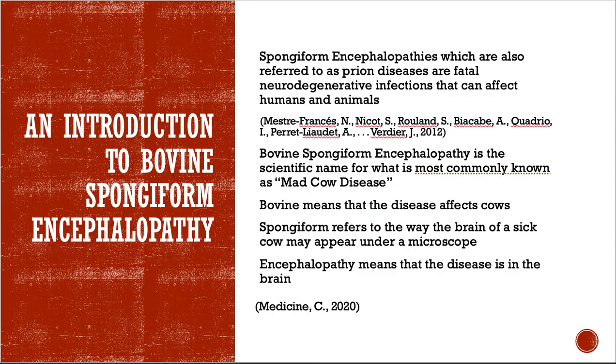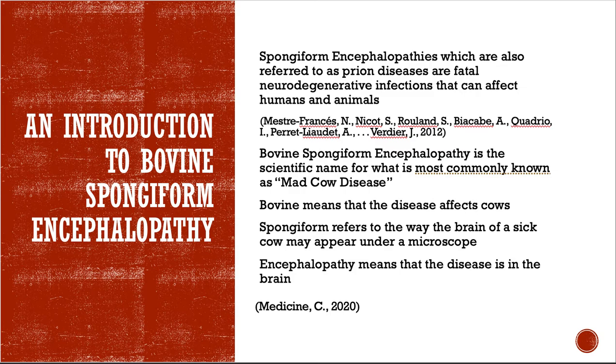So we'll start off with an introduction. Spongiform encephalopathies are also referred to as prion diseases, which are fatal neurodegenerative infections that affect humans and animals. Bovine spongiform encephalopathy is the scientific name for what is most commonly known as mad cow disease.